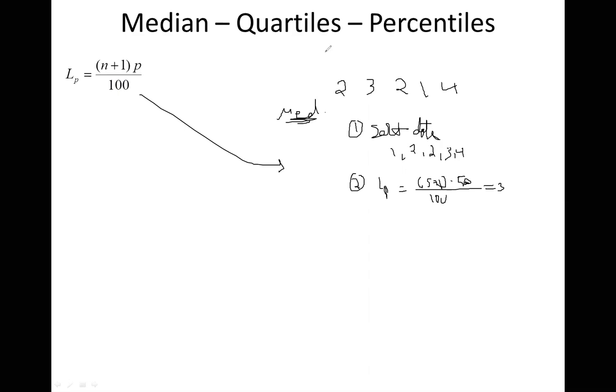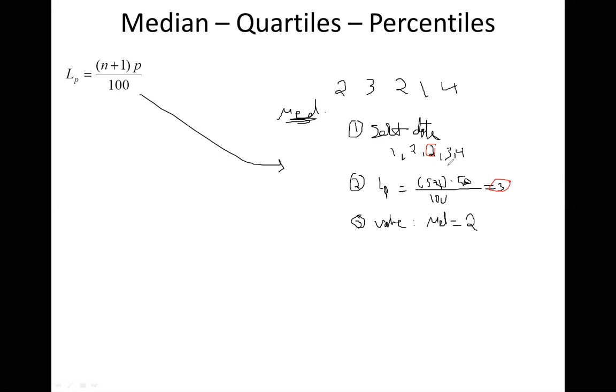That means the position of the median in the data is the value number 3. So now just count 1, 2, 3. So just now we can write down in step 3 the value. The median in our case equals the value 2 in this data. So that's using the formal method.